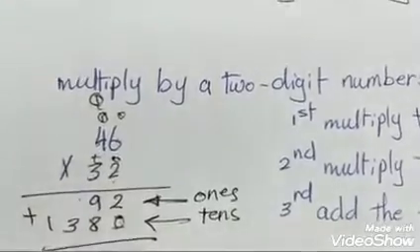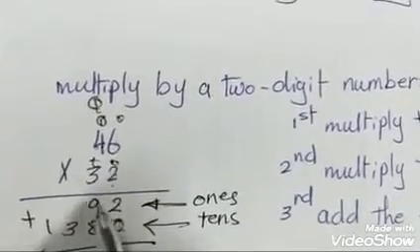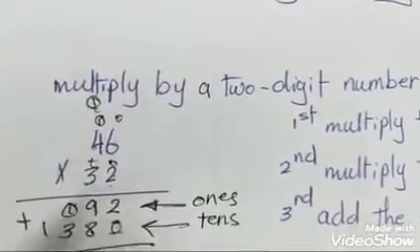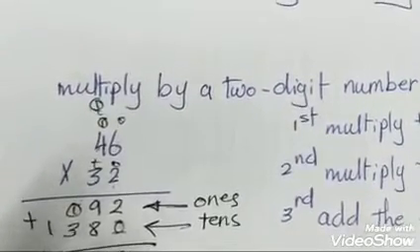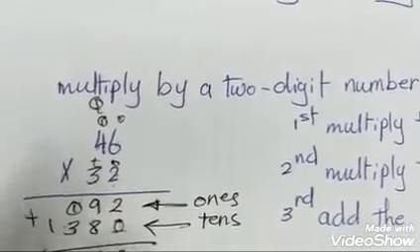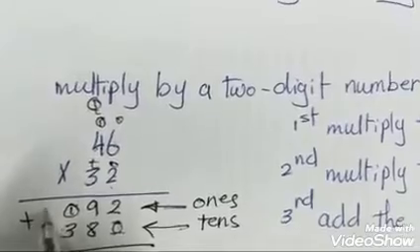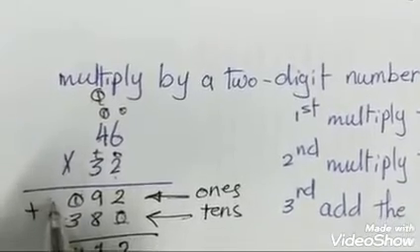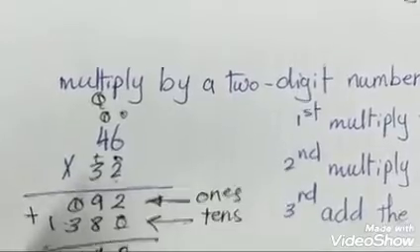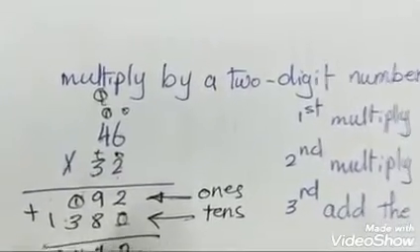Now I have to add to get the final product. 2 plus 0 equals 2. 9 plus 8 equals 17. 7 and carry 1 up. Okay, 0 plus 3 equals 3 plus 1 equals what? Equals 4. Then 0 plus 1, why did I say 0 here? Because it's an empty digit, and 1 will come down. Now the exact result will be 1472.